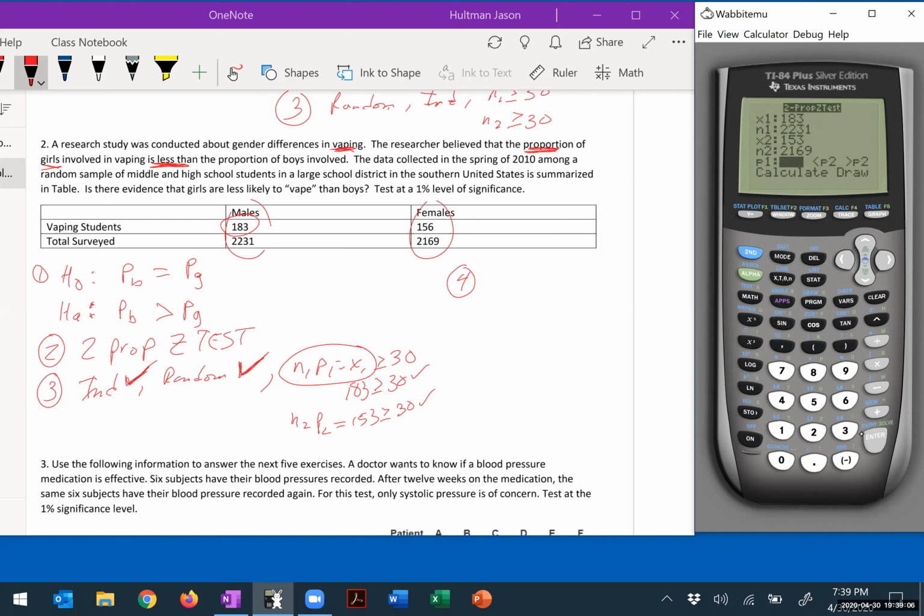Is the proportion p1 less than p2? So I'm going to hit enter on less than, and then calculate. Okay, so what's the z-score? The z-score is 1.43.